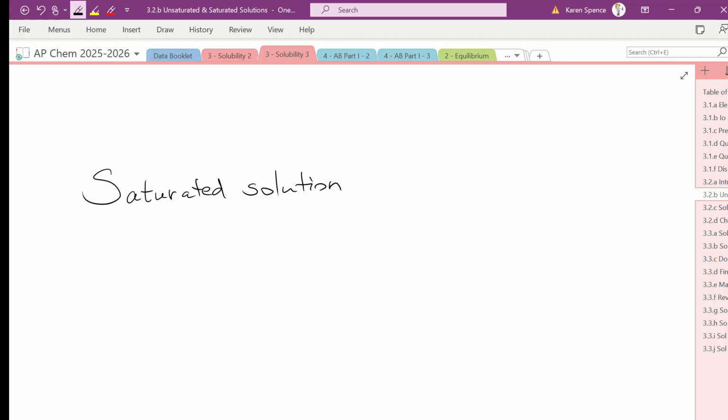What does it mean for a solution to be saturated? Yeah, you have the maximum amount of dissolved solute.